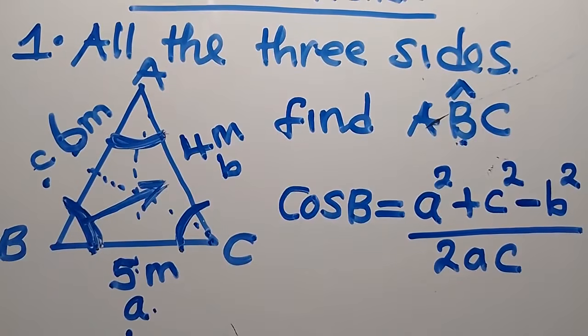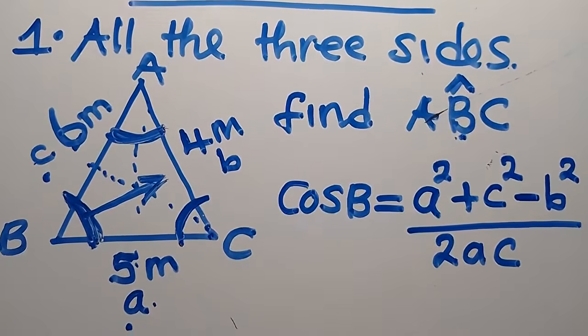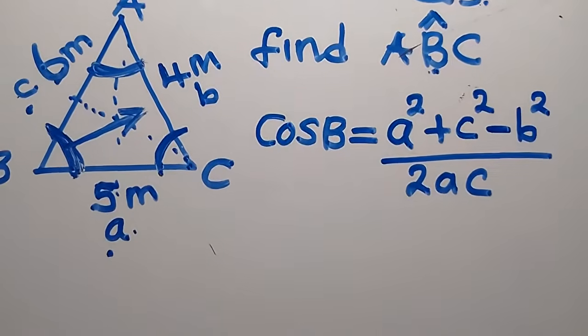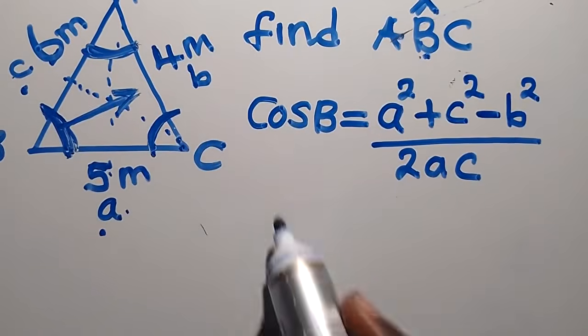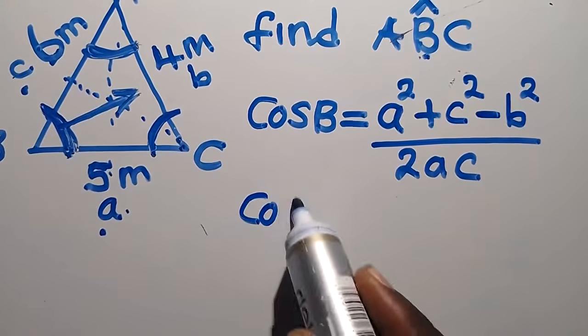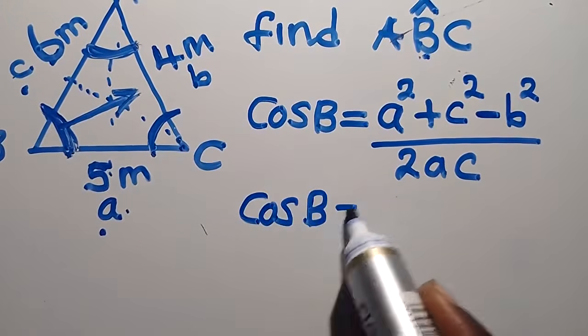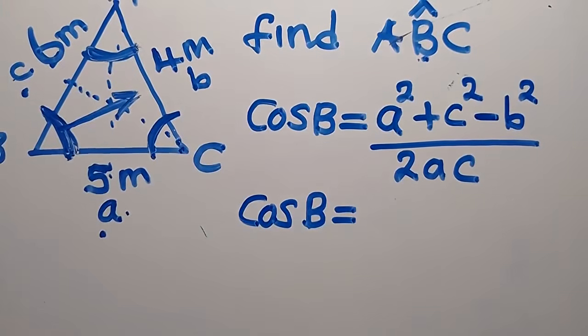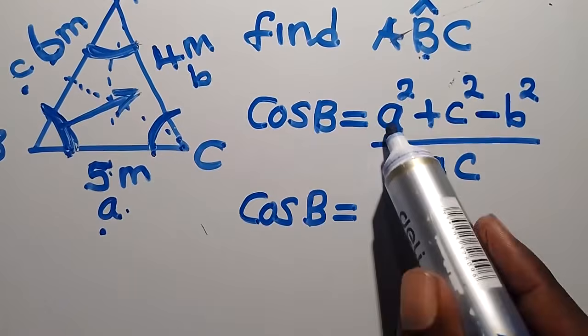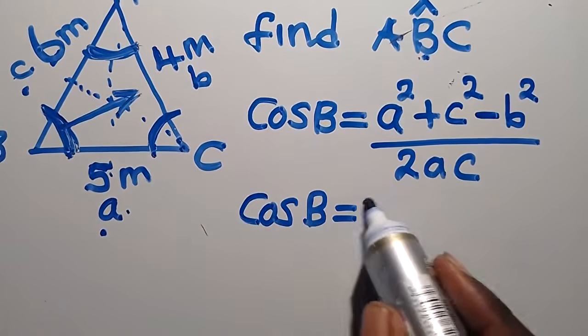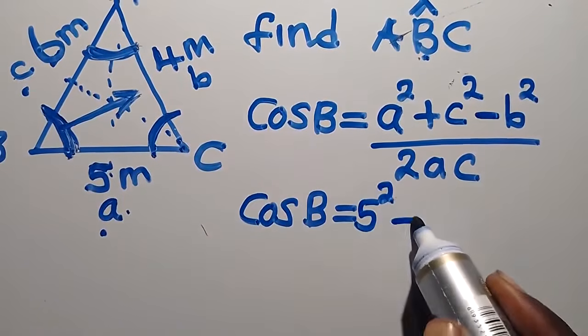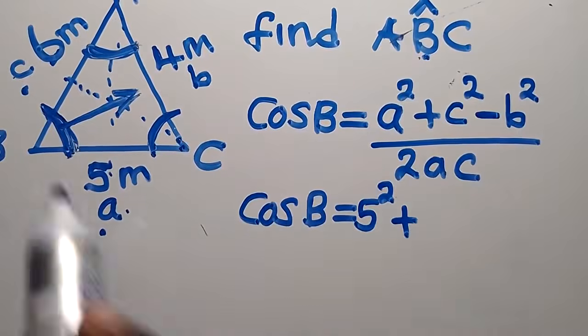So now, you say cos B. You start substituting now. It's just a matter of substituting. So cos B is equal to A squared. What is A? It is 5. So you say 5 squared plus C. C is 6.